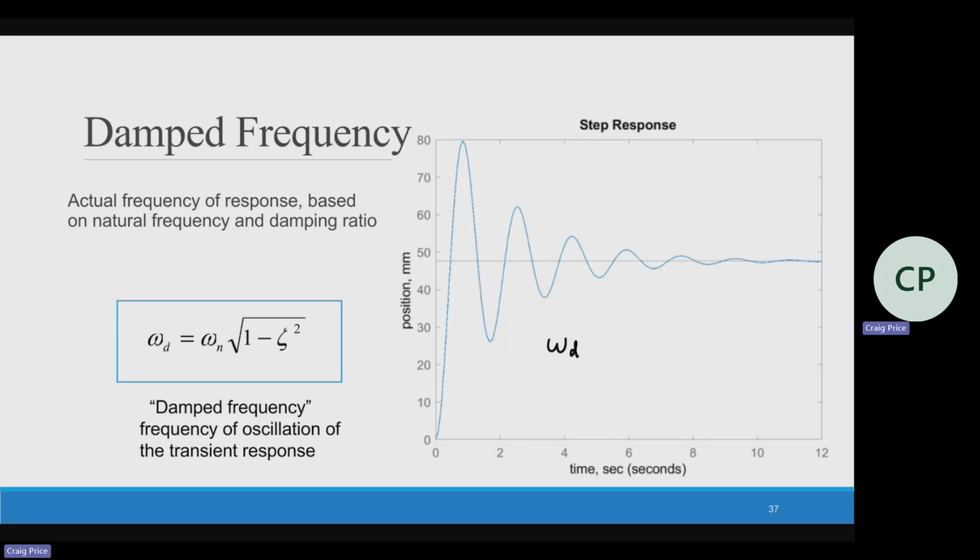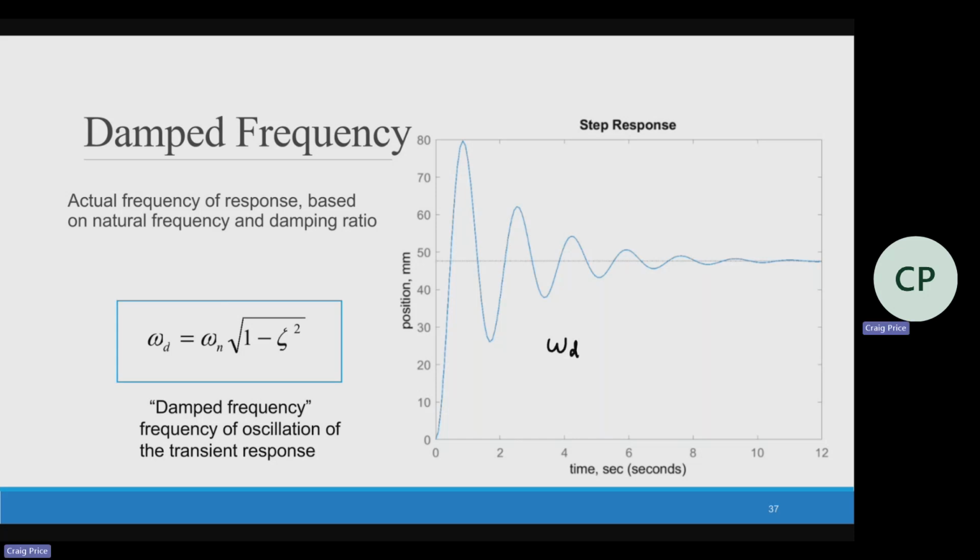If damping ratio is 0, that means I have no damping. Then these two are equal. That's great. If damping ratio is 1, which means it's critically damped, then the damped frequency is 0. I have a lot of damping. It's just going to be a smooth graph at that point.